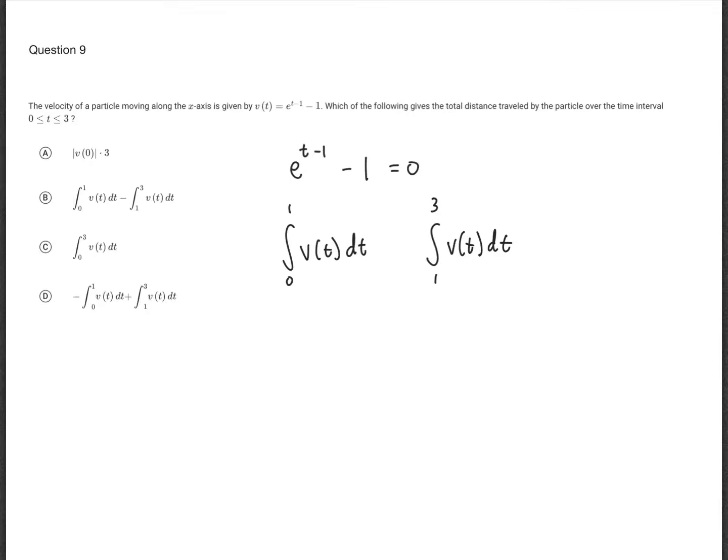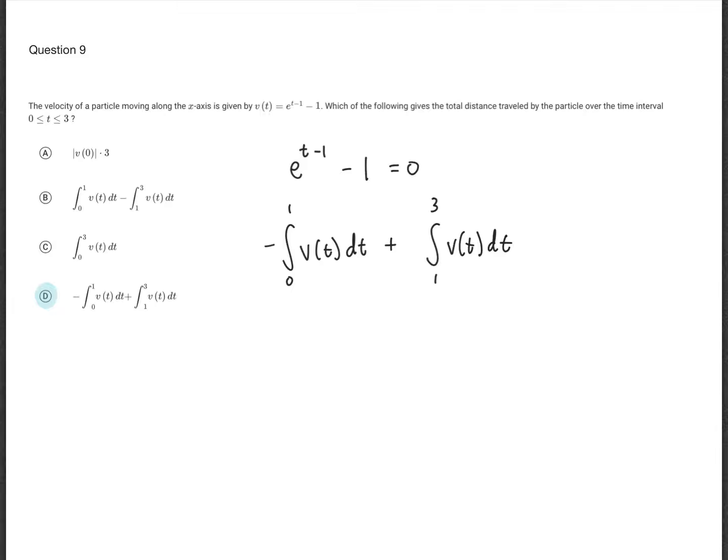We want just the positive part, so just negate this. We know we're going to get a negative answer, but that'll make it positive. And here, this velocity is positive on the interval from 1 to 3, so that's like adding positions, and that's what we want anyway. So we'll just add those together. And then that is an answer choice. That is answer D.